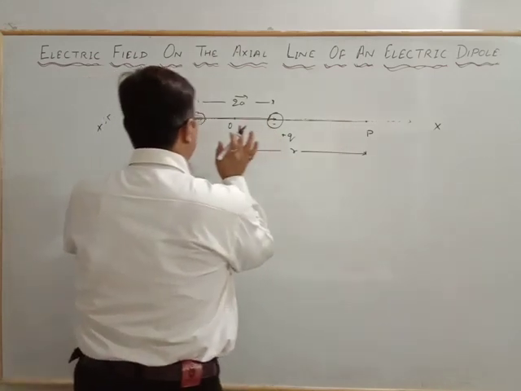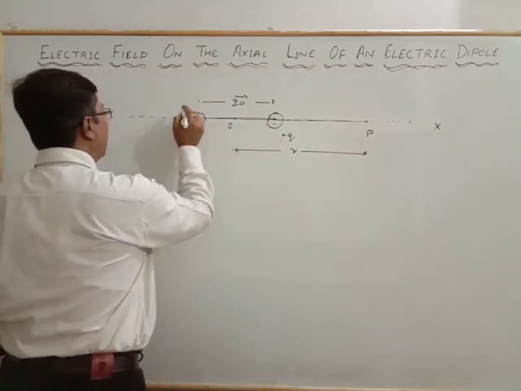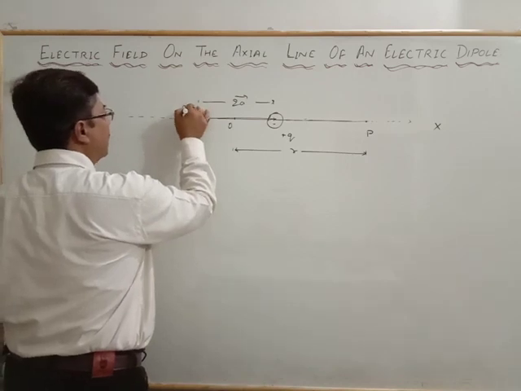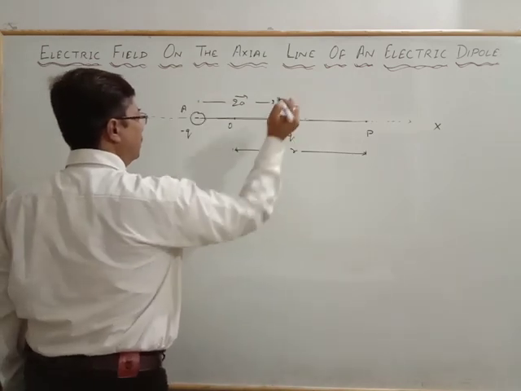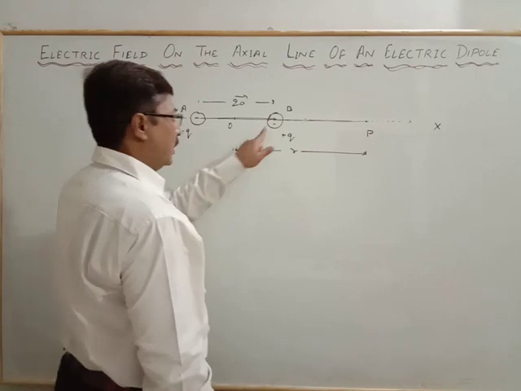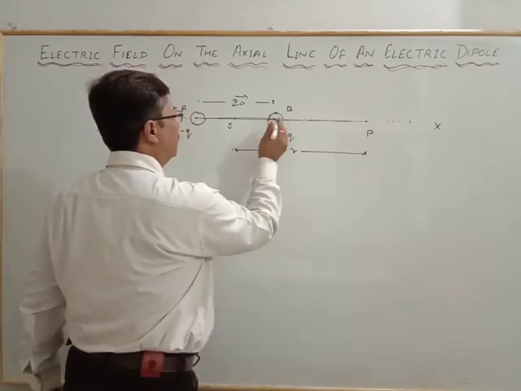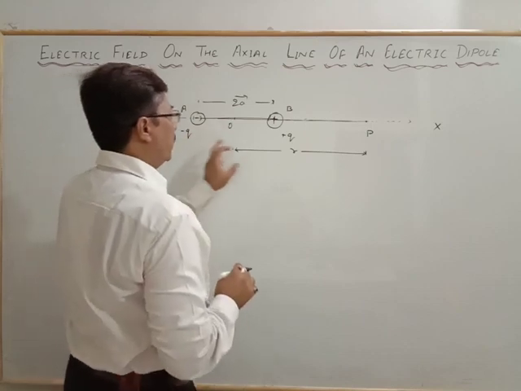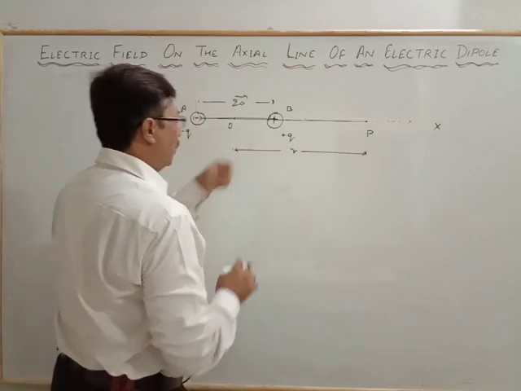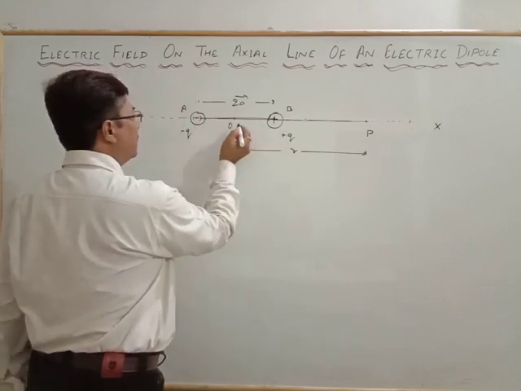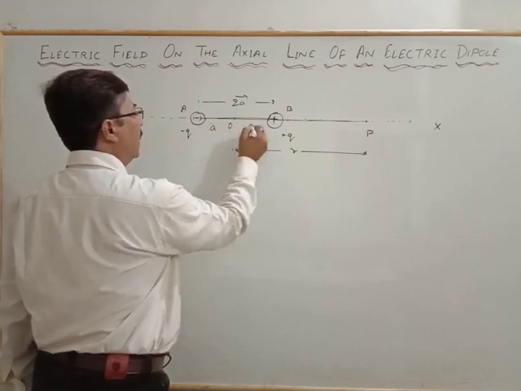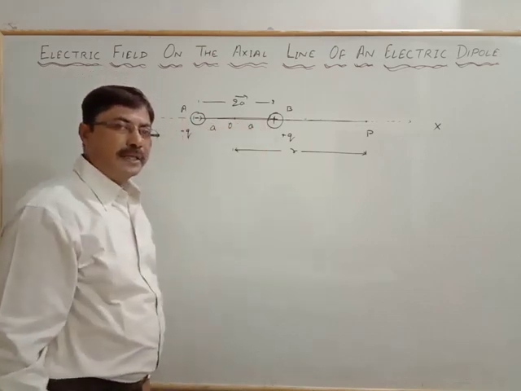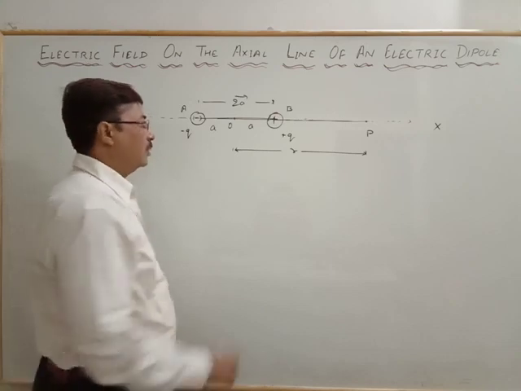There are two charges, which we consider as charge A and charge B. The positive charge is here, the negative is here. The length of the dipole is 2a, that means from the center it is a, and both are at distance a from the center of the dipole.